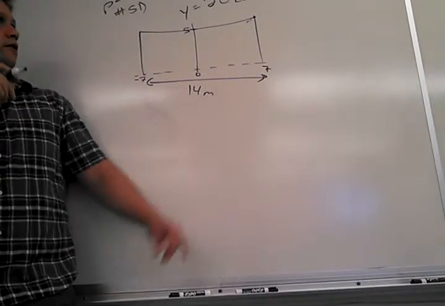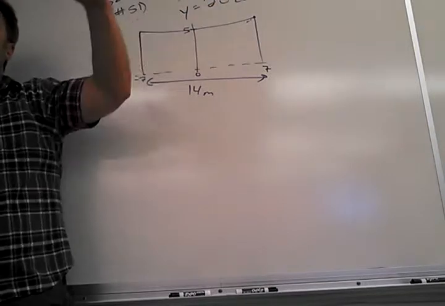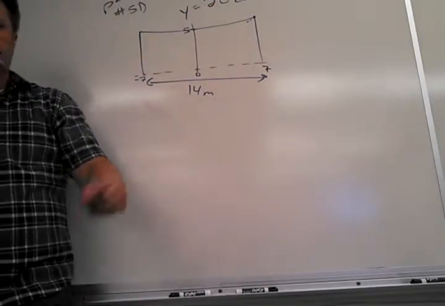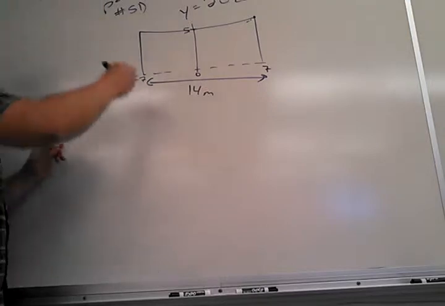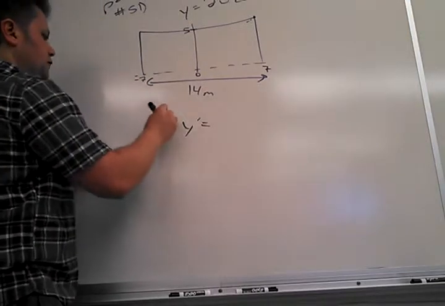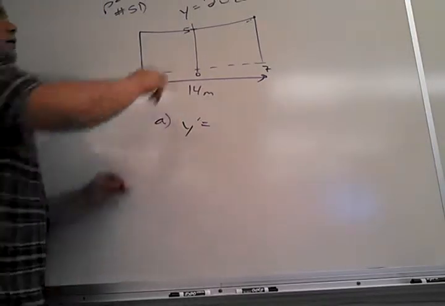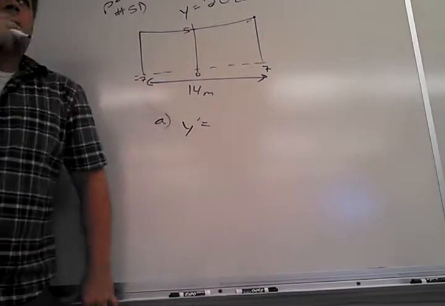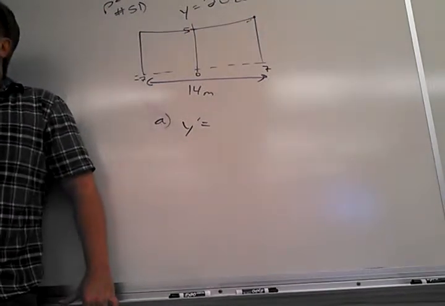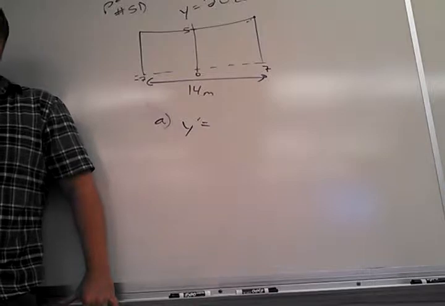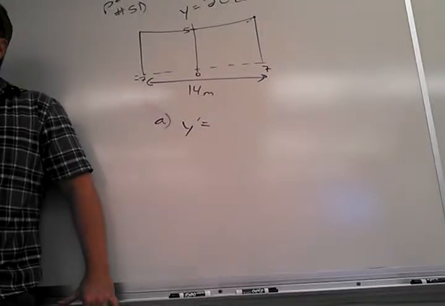And we know the derivative of cosh. You don't have to memorize it, but you know what it is. So y prime, this is for part A. Just because we learn a new function doesn't mean any of the old rules change. The old rules are always there.